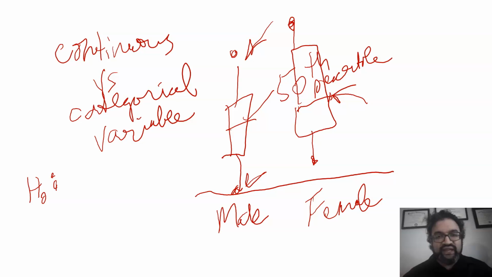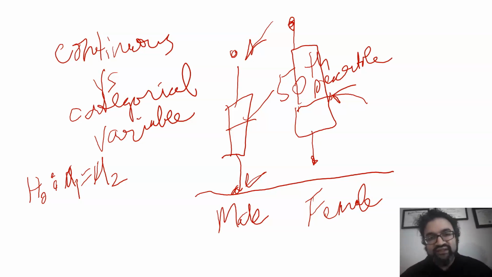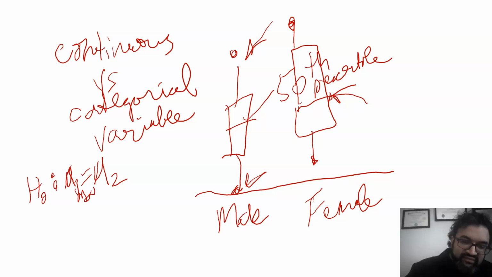In scientific notation, the null hypothesis is written as follows: H naught, colon, mu1 is equal to mu2, where mu1 and mu2 correspond to the means for male and female. So mu1 is the mean for male, and mu2 is the mean for females.